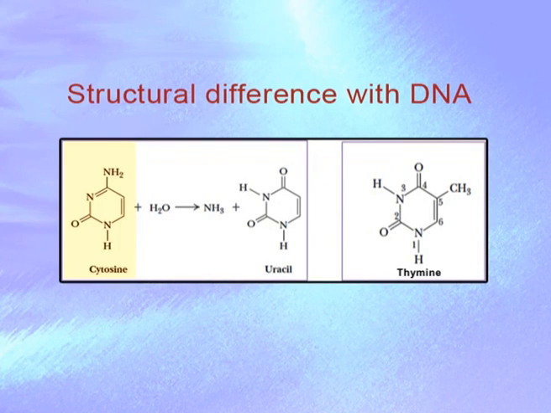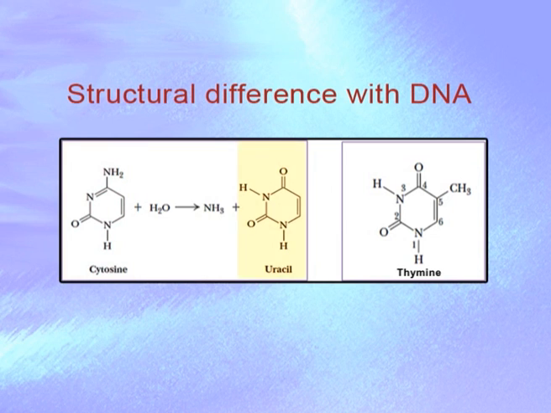Moreover, thymine is specifically found in DNA, whereas RNA contains uracil. Now the question comes in, why does RNA contain uracil? Because cytosine can deaminate in vivo spontaneously to form uracil.